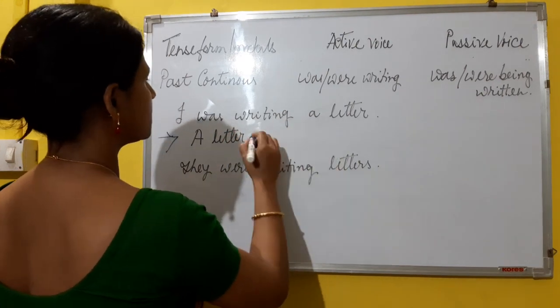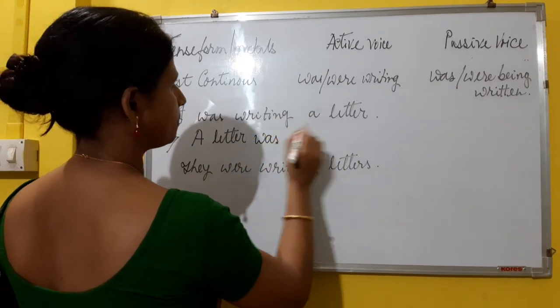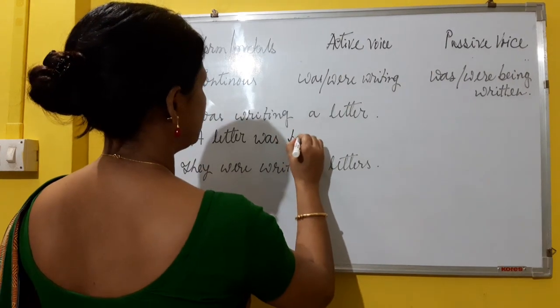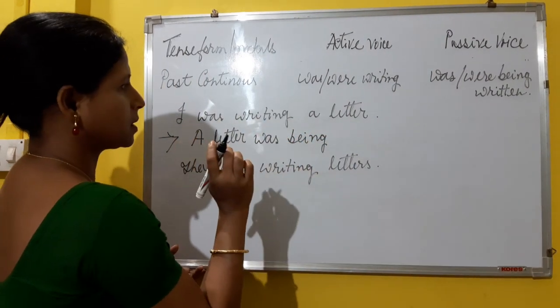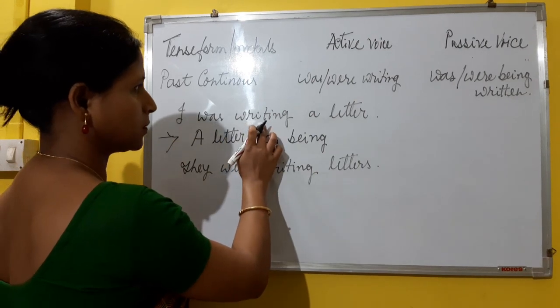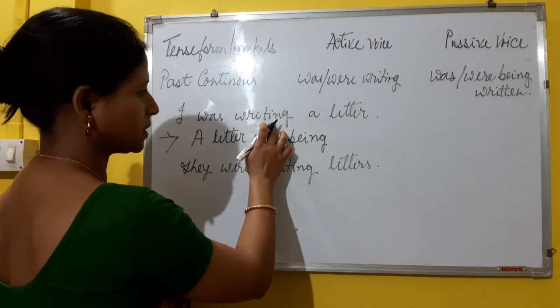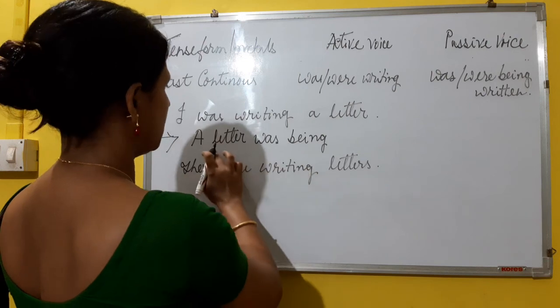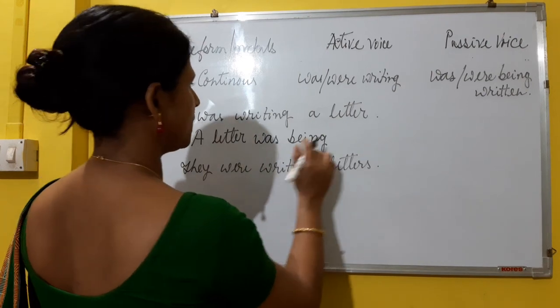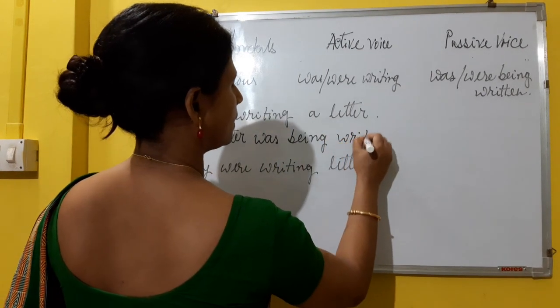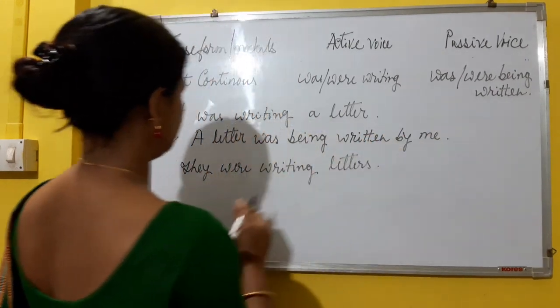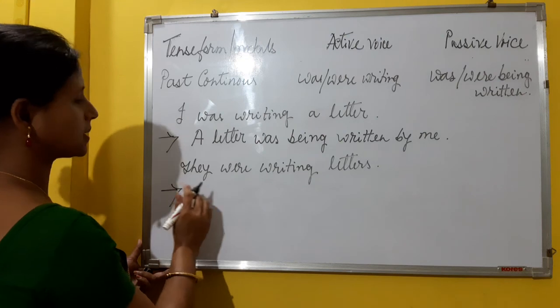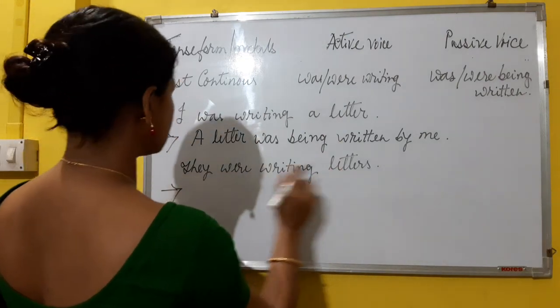Since it is a letter, was being. Here also, because earlier we did present continuous, now we are doing past continuous, but here also the ing form is there. So this is continuous, and we write a letter was being written by me.